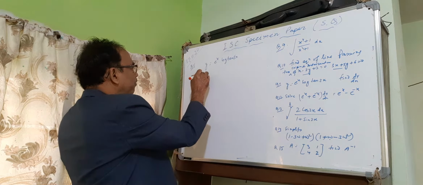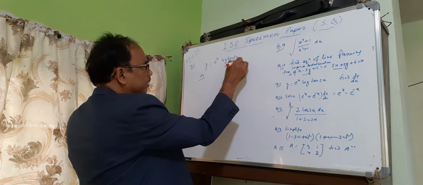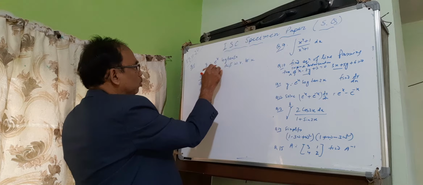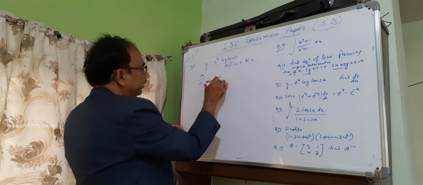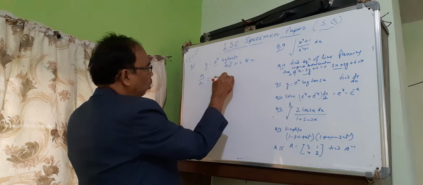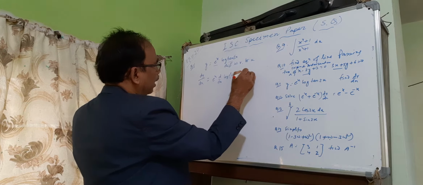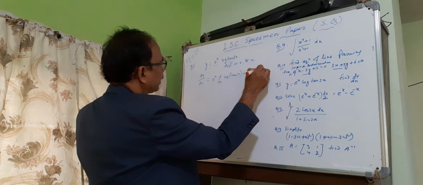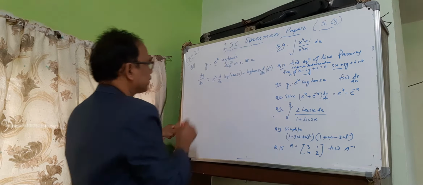Now differentiating with respect to x, dy by dx, using the product rule, is e to the power x d by dx of log of tan 2x plus log of tan 2x d by dx of e to the power x.